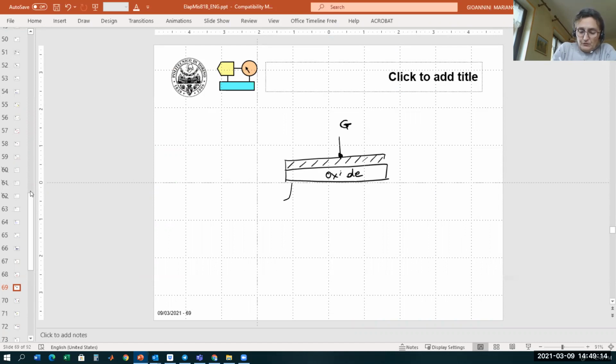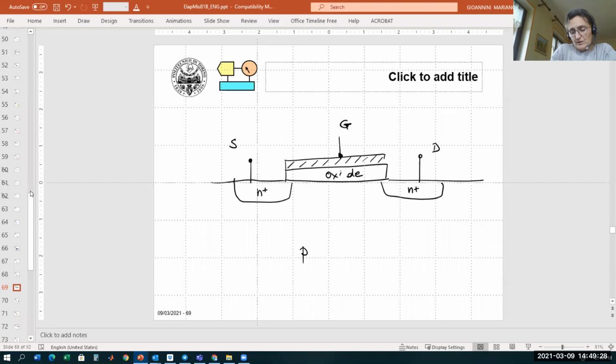Then you have the N plus for substrate and drain. And here we have the P doped substrate, which is sometimes also indicated as body. When we apply, as I told you last time, the voltage between gate and substrate, we accumulate here a certain quantity of charges.